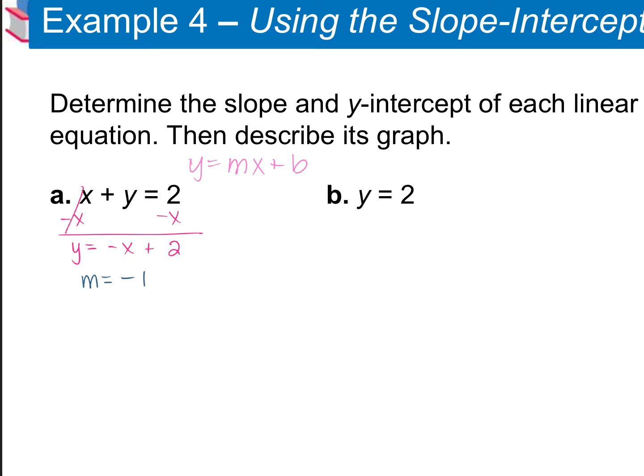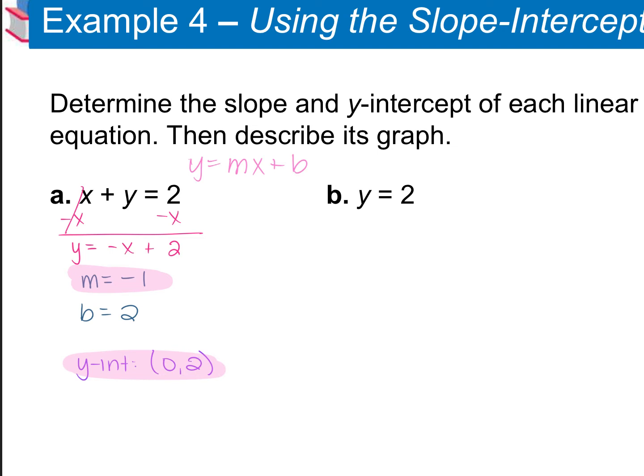Then your b is the 2. Again, that 2 is the y value from your y-intercept. So b is equal to 2 is not your y-intercept. Your y-intercept is the ordered pair 0, 2. So the important parts from here is that your slope is negative 1 and that your y-intercept is 0, 2.